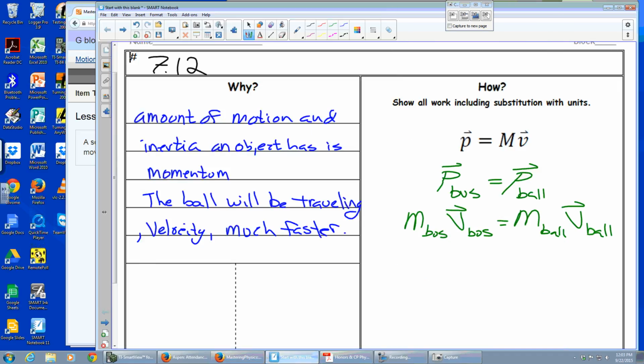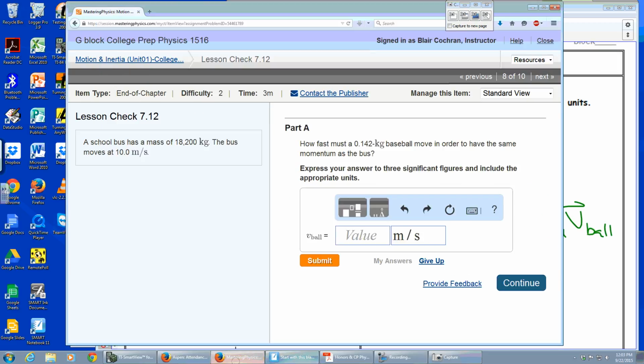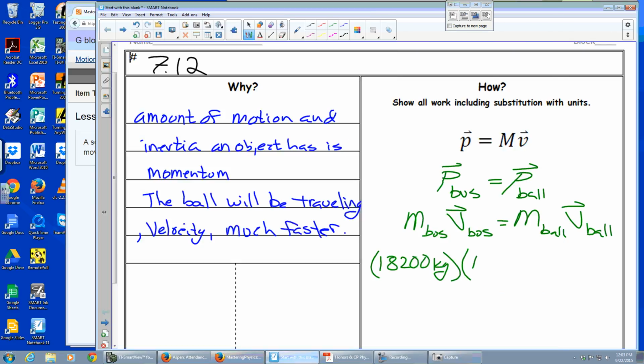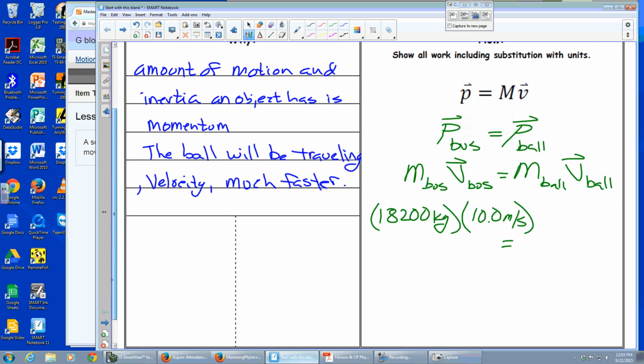So for the inertia of the bus, that's my 18,200 kilograms. That might be different for you. It told me the velocity of my bus is 10 meters per second. Notice I'm including my units in my substitution. That's part of my rubric also.